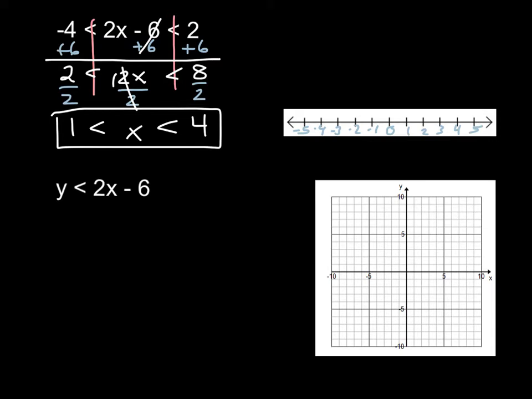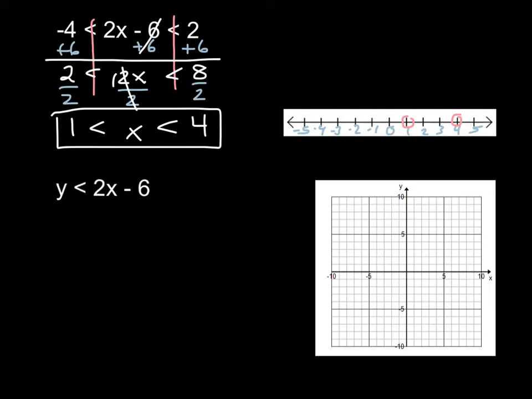So we need a circle at 1, and we need a circle at 4. And then we have to decide if they are filled in or not. Remember, these are not filled in because it's simply greater than, not equal to. If it had an equal to sign part right here, then we would shade this in because it could be equal to 1. And this is the case with the 4 as well. It's not equal to. So we're going to leave them both open.